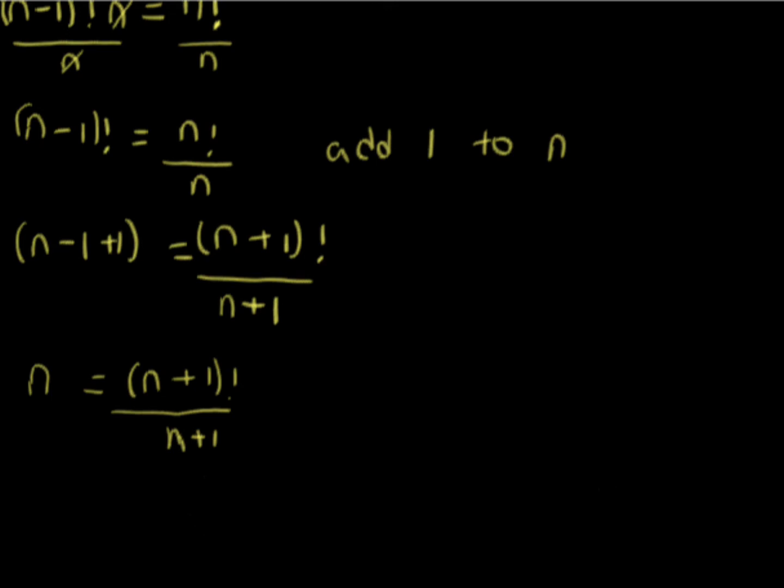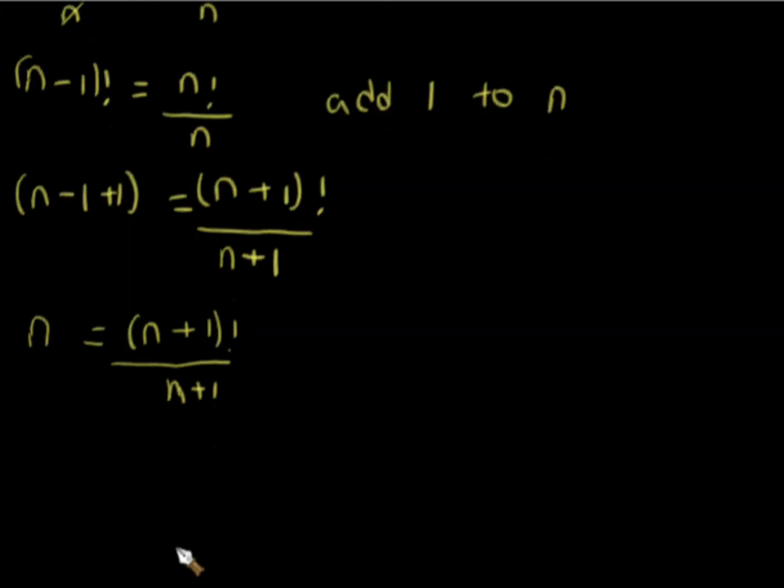Now let's take real values, starting with, let's say, 4 factorial. Now 4 factorial, we should put a factorial symbol here and here, right? So 4 factorial, let's take n to be 4.